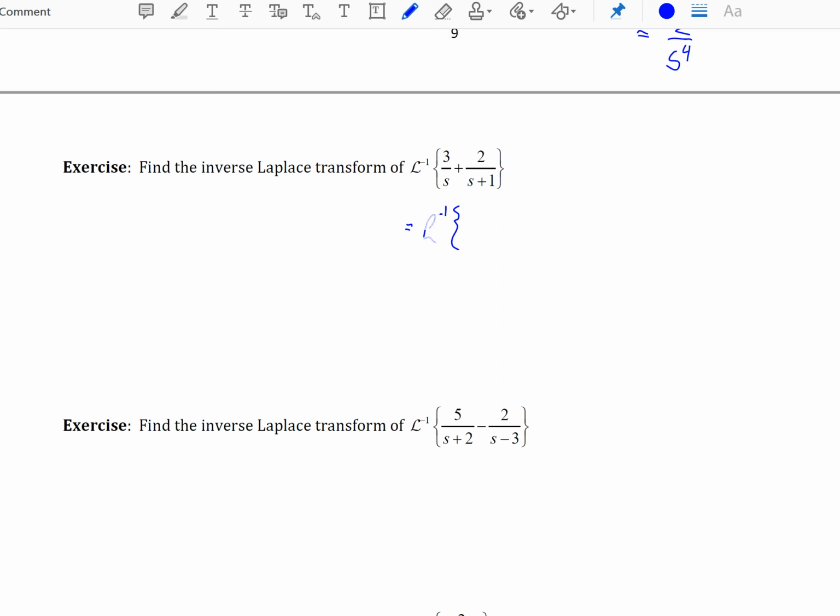Let me do both the scalar multiplication and the vector addition at the same time. This would be the same thing as 3 times the inverse Laplace of 1 over s plus 2 times the inverse Laplace of 1 over s plus 1.